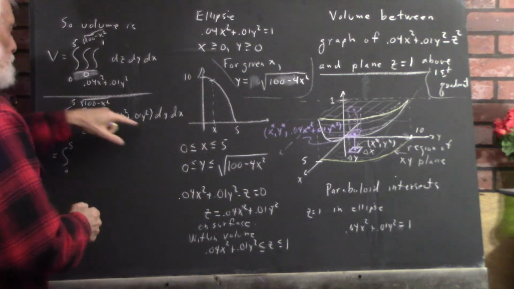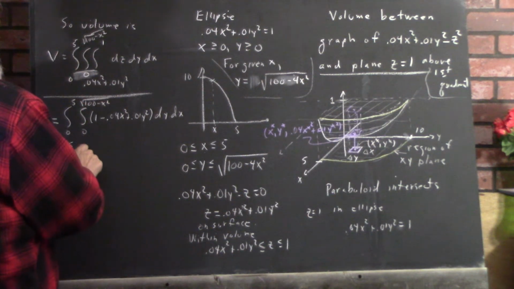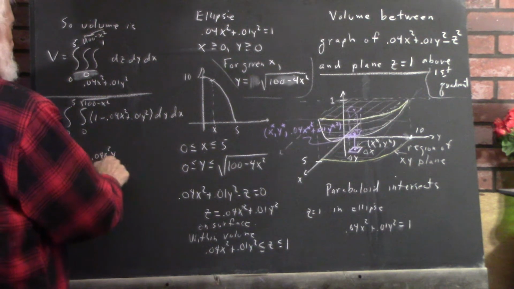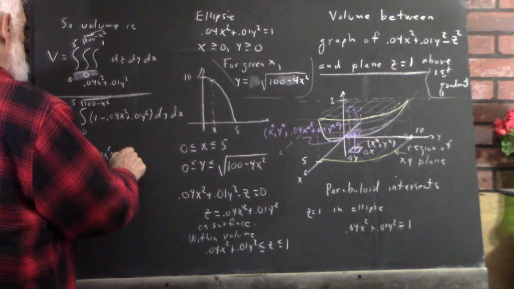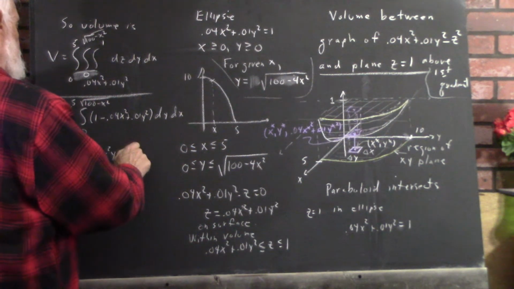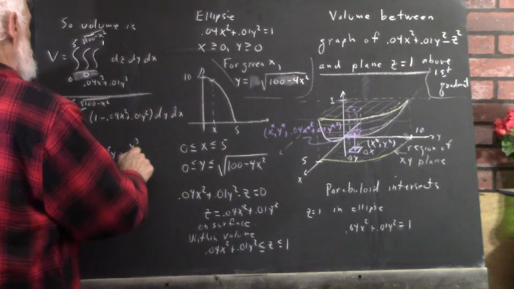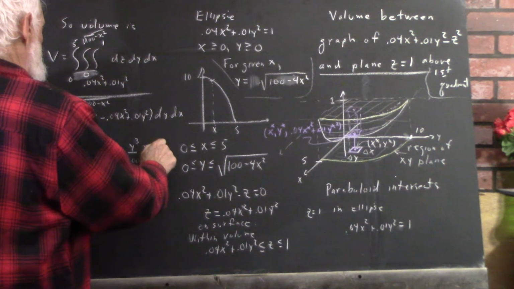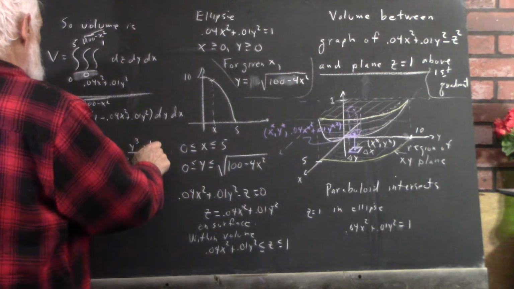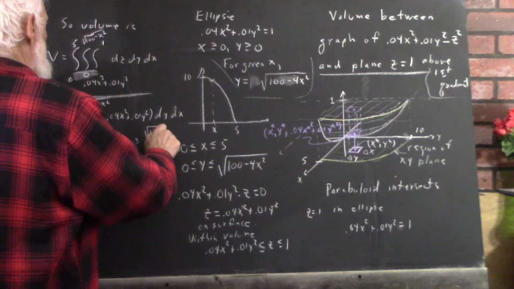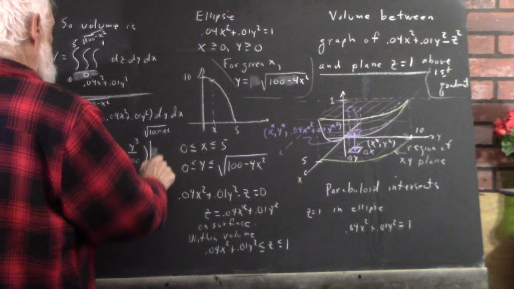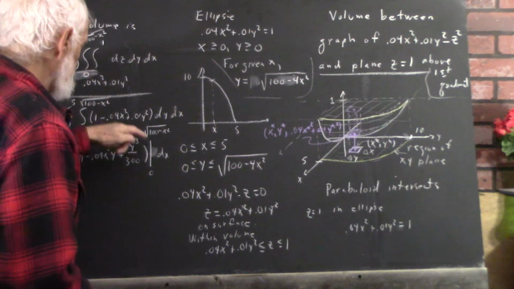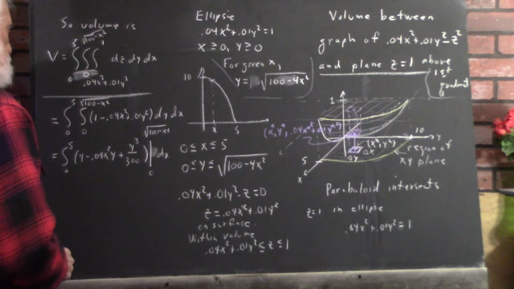And then we integrate with respect to y, and we're going to get y minus 0.04x squared y plus y cubed over 300, evaluated between the square root of 100 minus x squared and 0, with respect to x. So we substitute square root of 100 minus x squared.